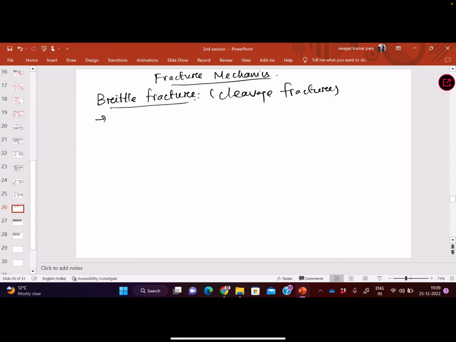What happens here? From grain to grain, it is different. The cleavage plane is different.